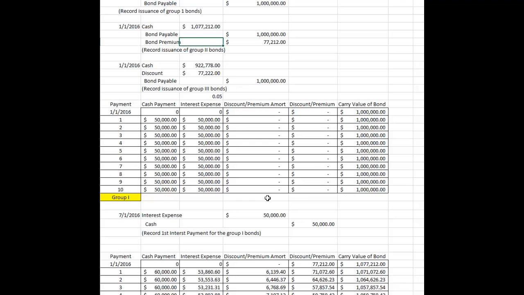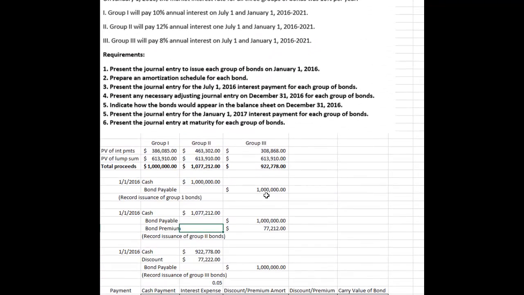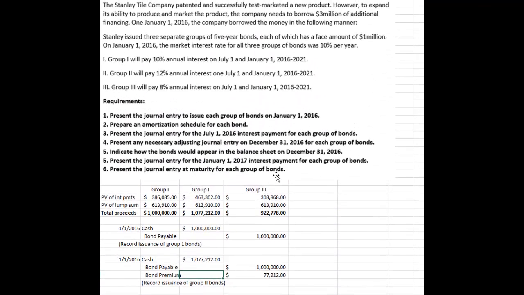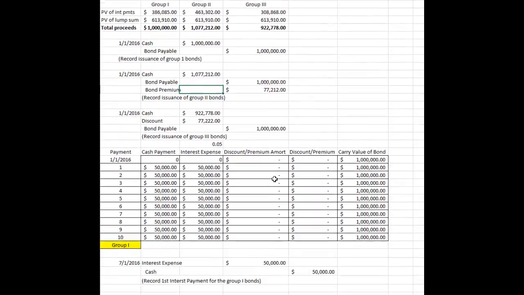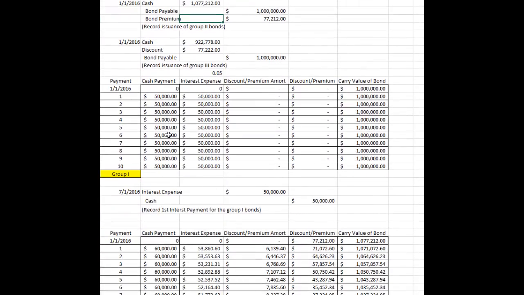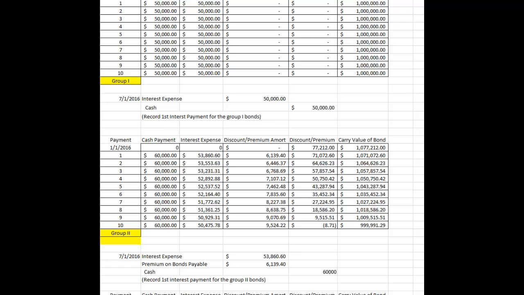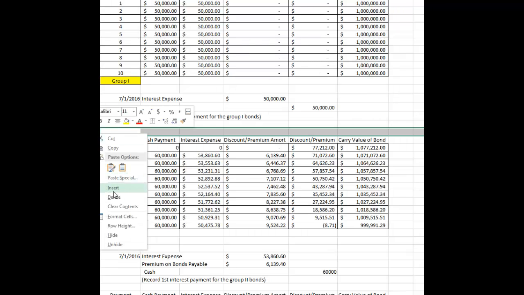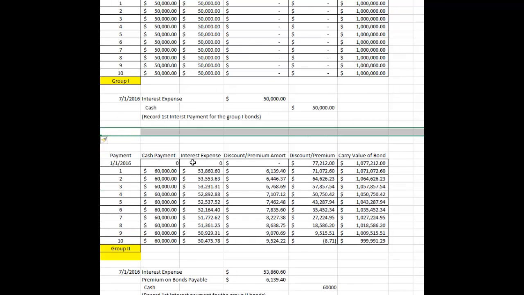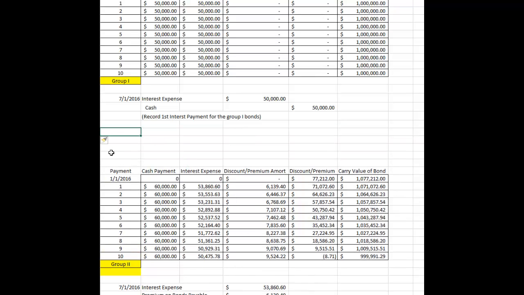We need to get the right amount of interest expense into the right accounting period, regardless of when the payment actually occurs. We're going to make the next payment on January 1st of 2017, but we need to get the interest expense into the right year. So for the Group 1 bonds, here's what it's going to look like. I'll do this right underneath our previous entry, which was to record the first payment.